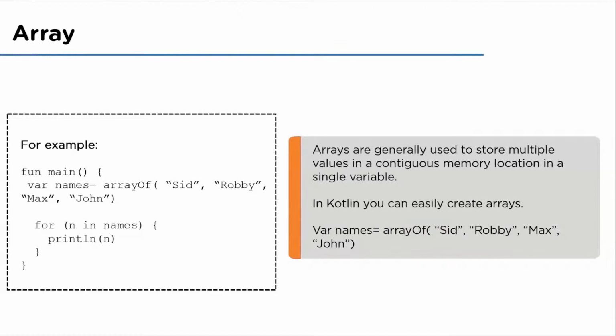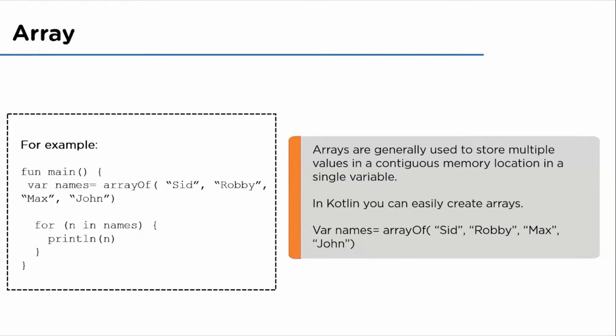For example, here names is the array name and Sid, Robbie, Max, John are the elements of the array. In order to print the elements of the array, you can use loops. For example, here we are using for loop. In this for loop, n is the variable, names is the array name, and one by one it will print every element of the array.